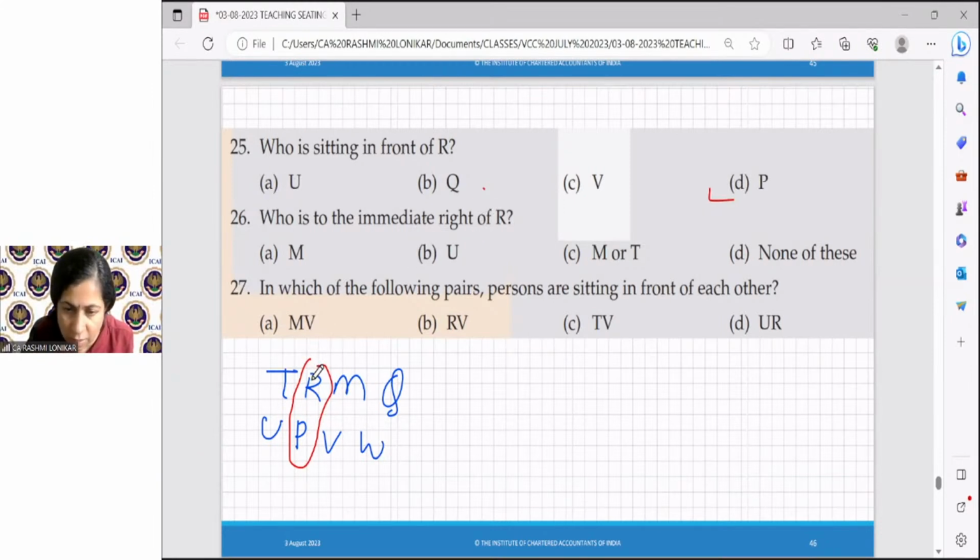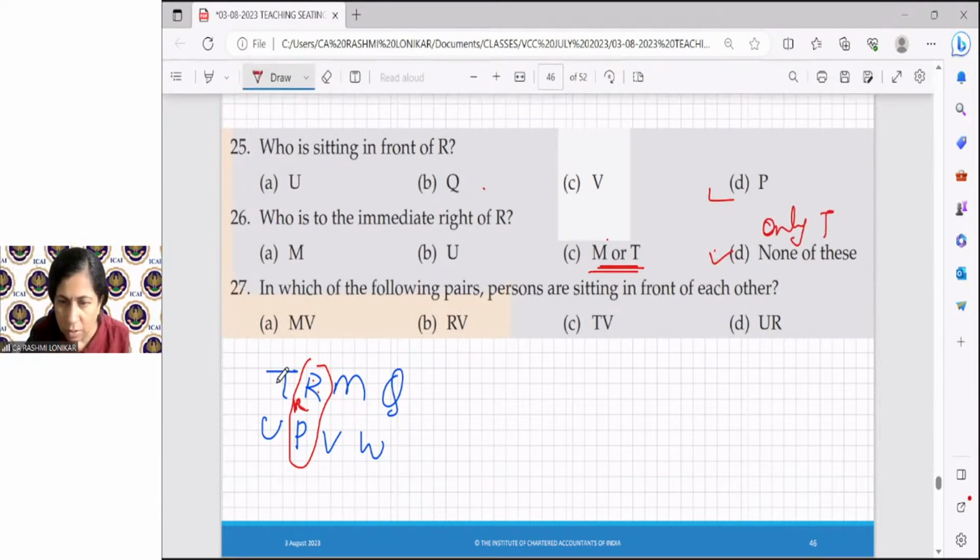This is R. This is his left hand side. This is his right side. Immediate right of R is T. So it is not M or T. Okay, just be careful. It is only T. So D will be the correct answer.